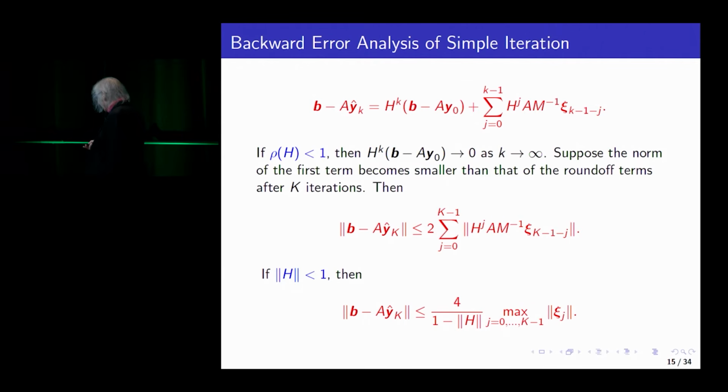And finally, if we assume not only that the spectral radius of H is less than 1, which would imply that some norm of H is less than 1, but that a reasonable norm of H is less than 1, then we end up with this bound on the residual that involves 4 over 1 minus norm H times the maximum of these round-off terms.